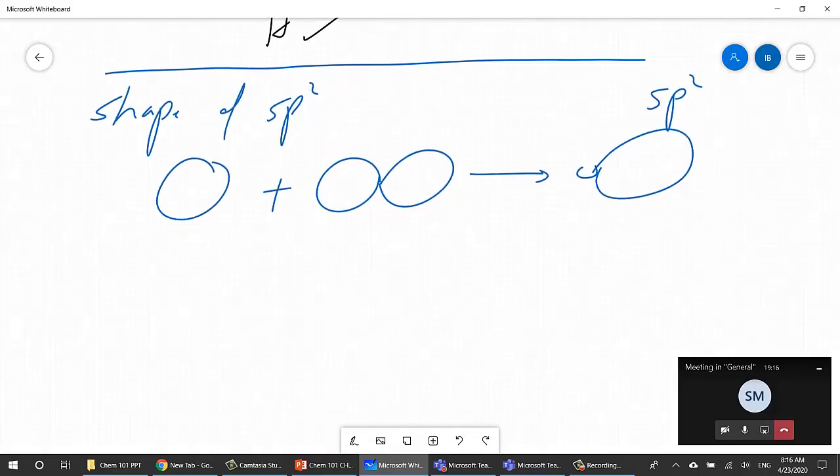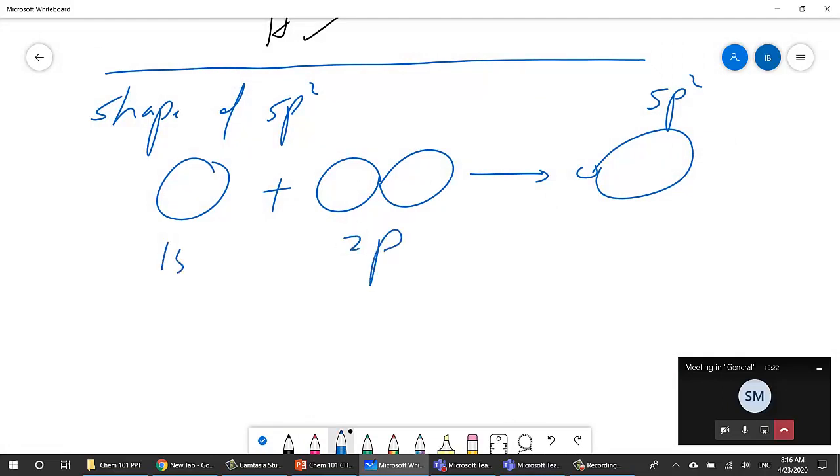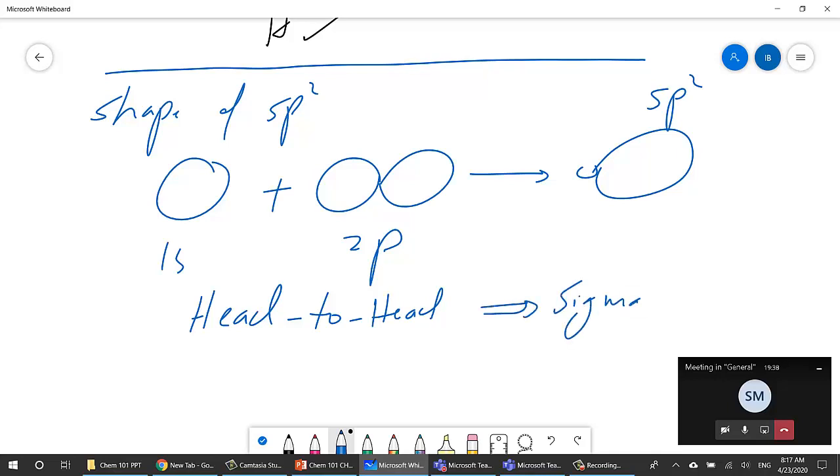Now, this is 1s, and this is a 2p orbital, and they are bonding head to head, and that's going to make you a sigma bond. This is a strong bond. We call it sigma. Sometimes you write it like this: sigma bond.